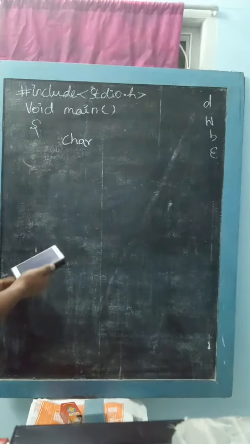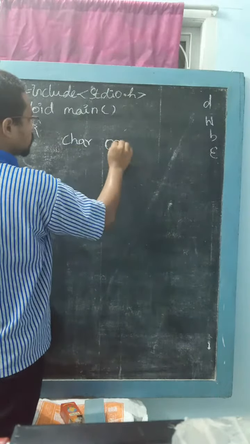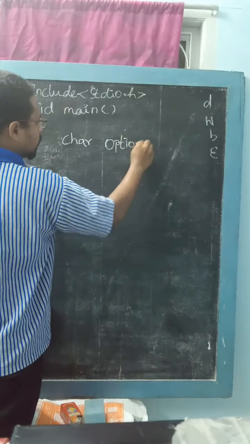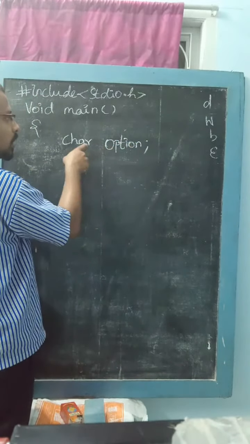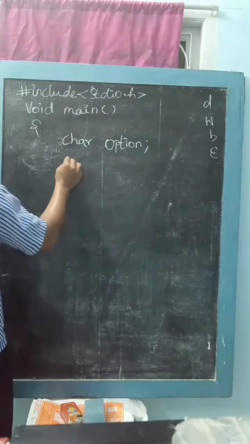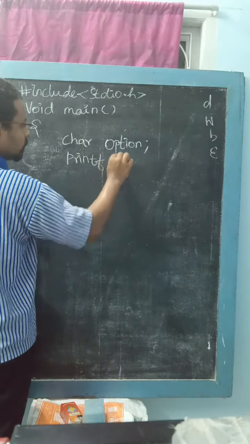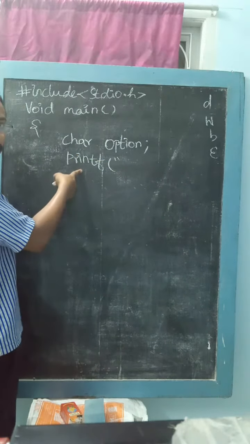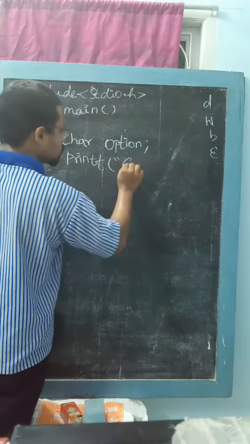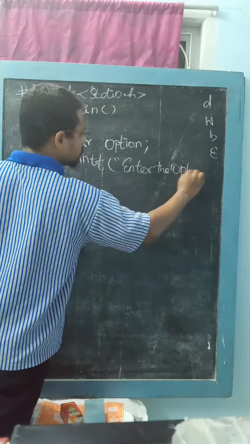Whatever changes we are going to see, now see. Character option: the variable name is option and the variable type is character. Now printf, since we are writing a C program. Enter the option.